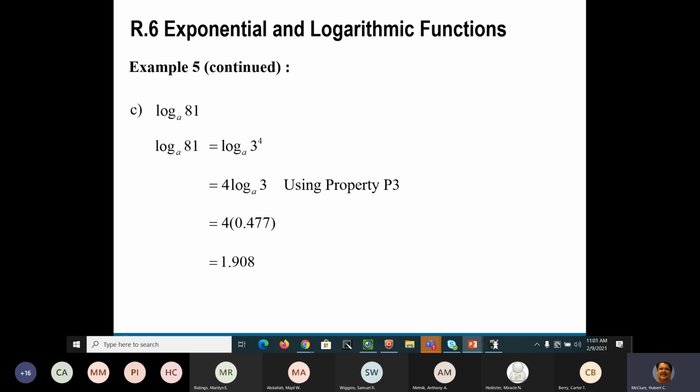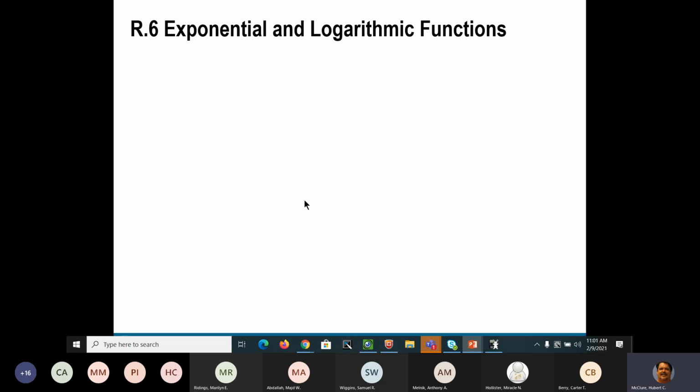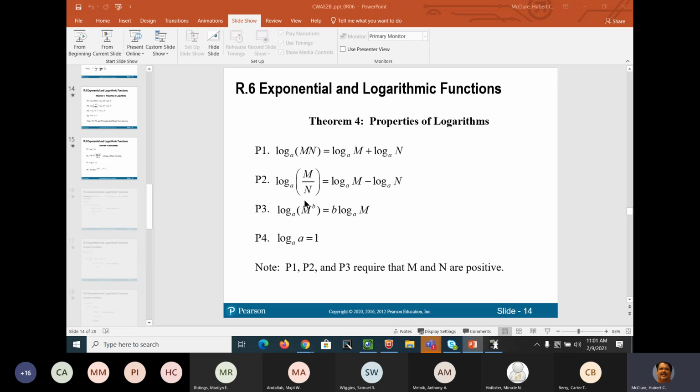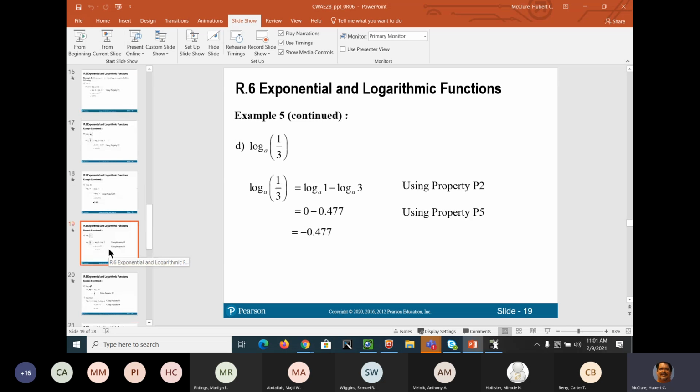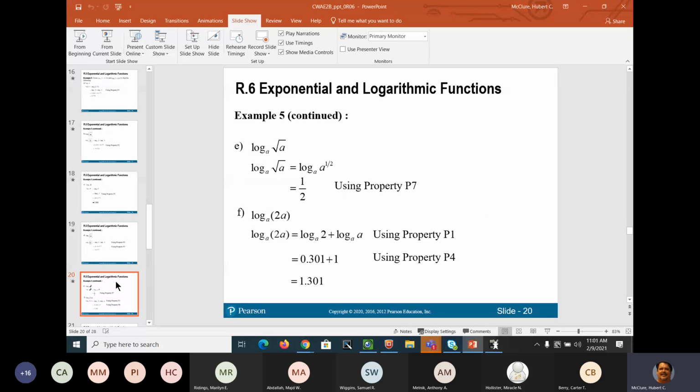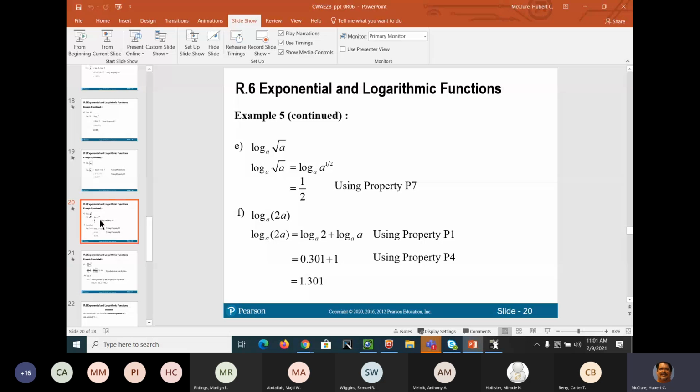Okay. All right. Somebody write down that we're on R6, number 20. Miss Hollister and Holcomb, if y'all would do that, R6, slide number 20. We got a few more to go over. Now, what should you be working on right now?